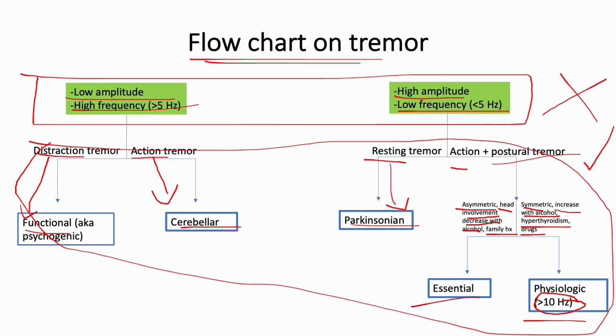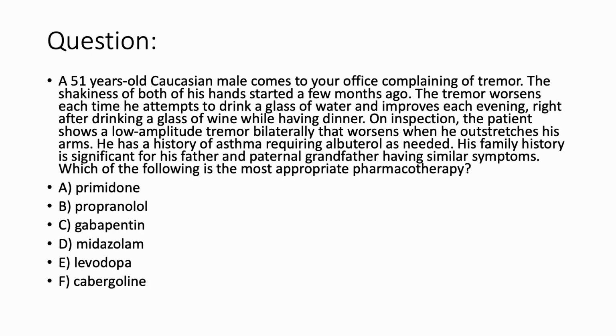Anyway, some questions will show the frequency or the amplitude, so it can be useful to remember for test day. Alright, so now I'll give you a question, and hopefully this will be helpful to practice making a differential diagnosis between the different types of tremor.